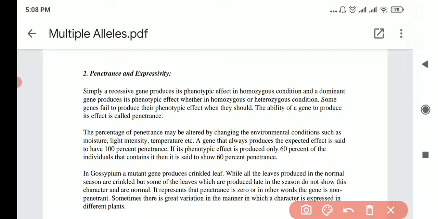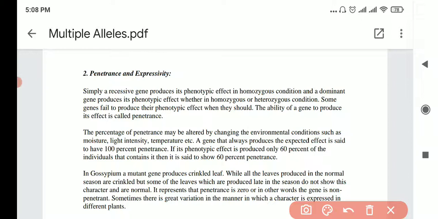So an example was of this cotton plant which produces a wrinkled leaf when it's grown in the normal season. The leaf becomes crinkled.